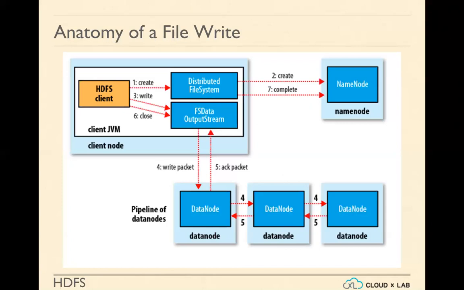If that doesn't work out, it basically shows that it is unable to write the file and does not give a confirmation. The 7th step does not get completed. And the temporary file that the name node has created in step number 2, after a point of time, it will expire.